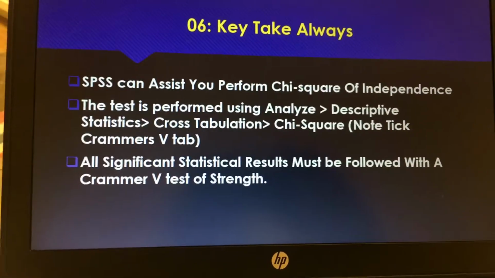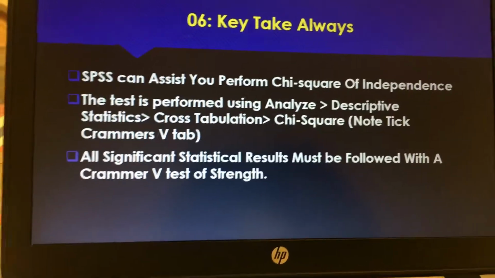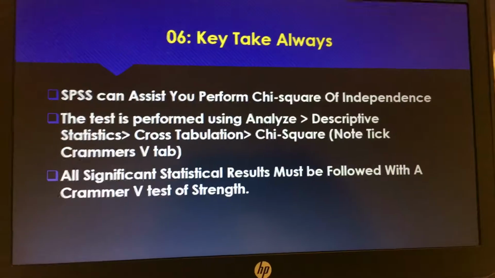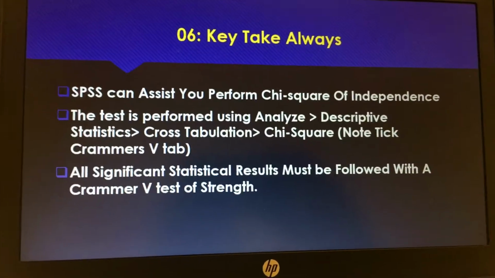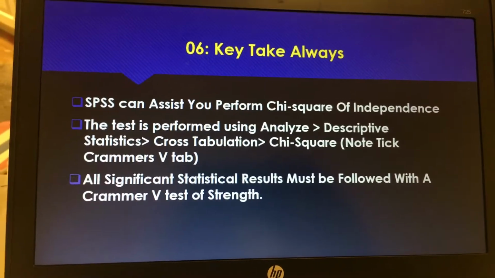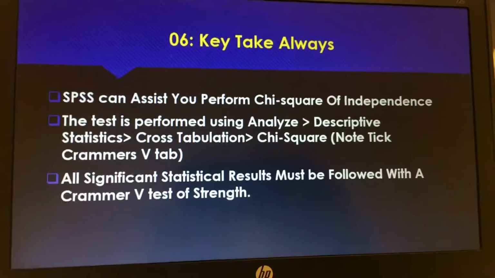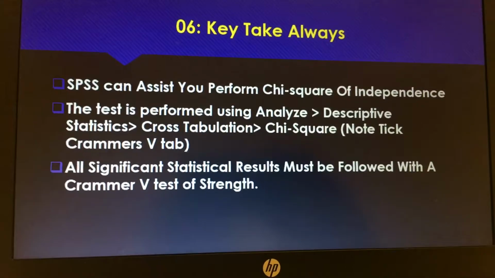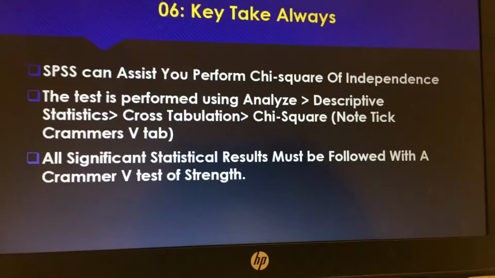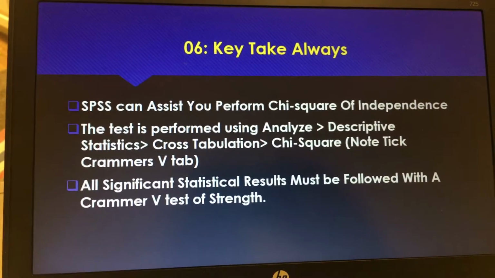You have to remember to tick the box that says Cramer's V, because if there's a strong significant relationship, you would have to do a Cramer's V test. So if you do it at once, SPSS gives you the results in one go. You don't have to do it a second time. And like I said before, all significant statistical results must be followed by a Cramer's V test.